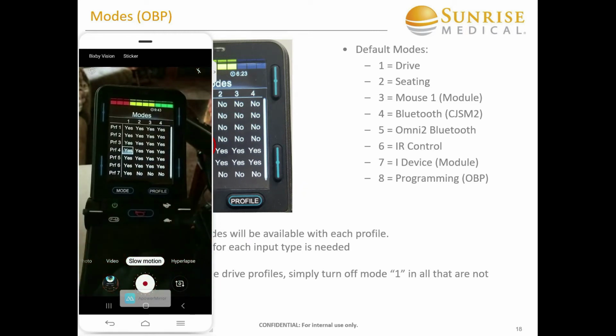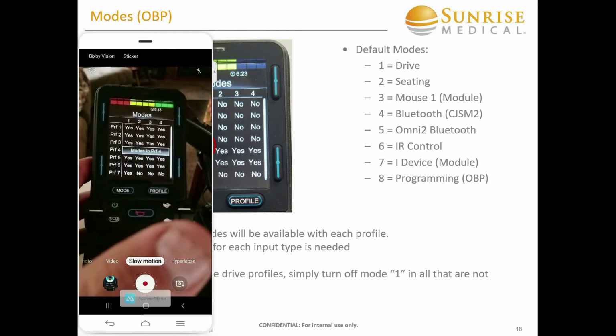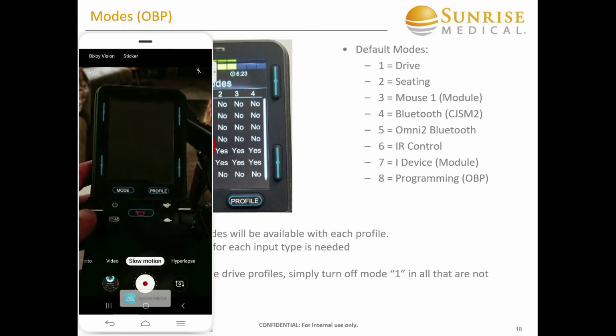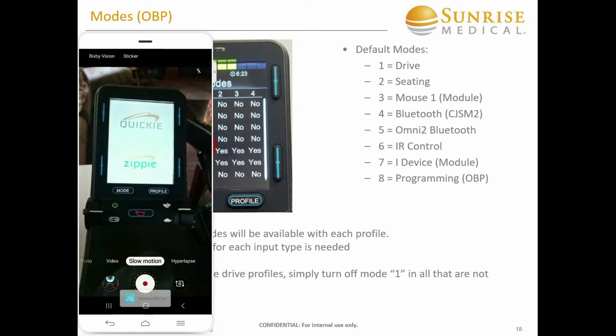Okay, so now you can see the grid is completely full with yes, or basically enabled. Now I go back out of here, turn the power off, and turn it back on.